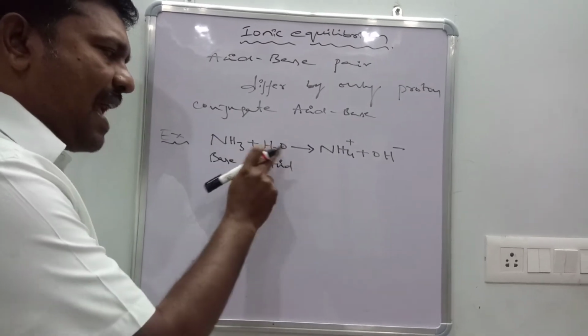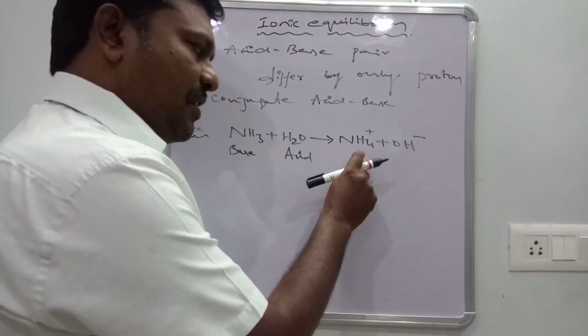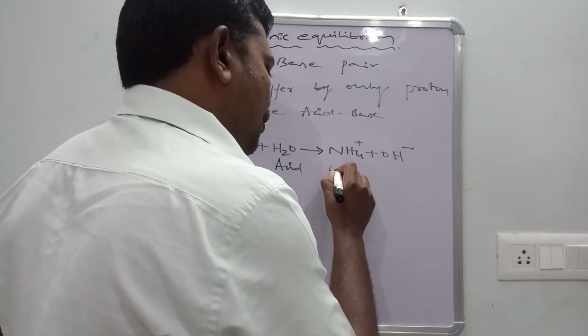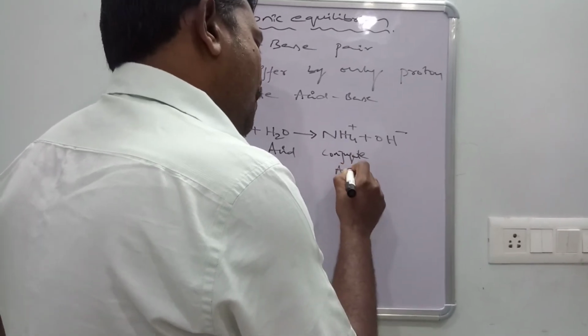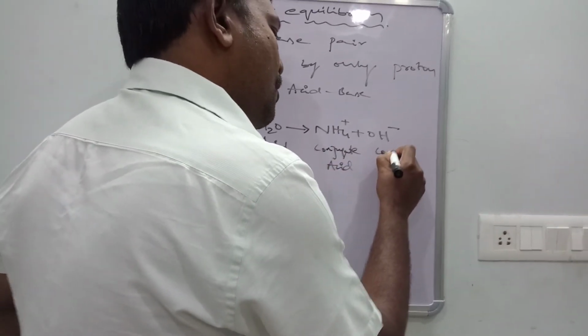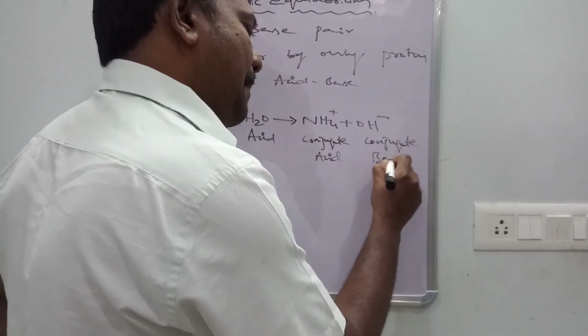The acid transfers one proton to the base, which is converted to NH4 plus. It is known as the conjugate acid. OH minus is the conjugate base.